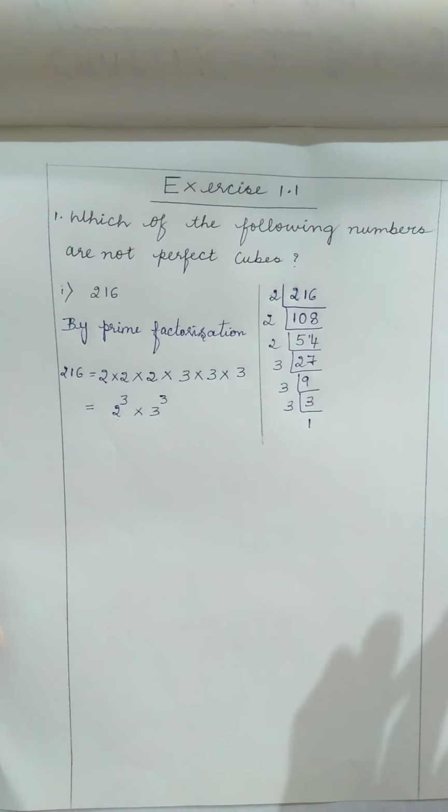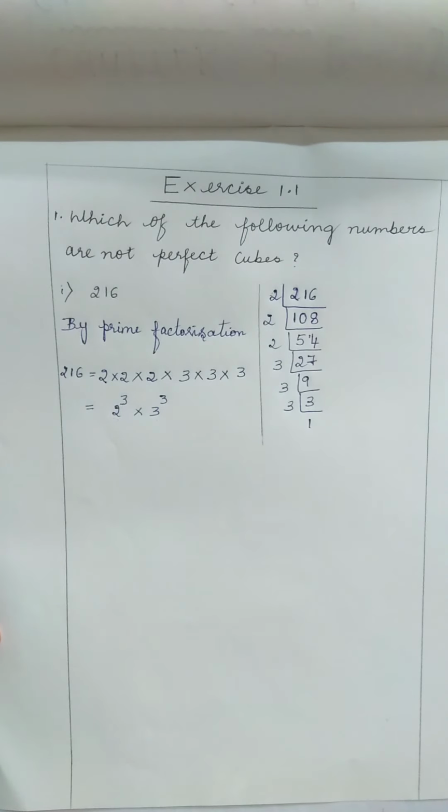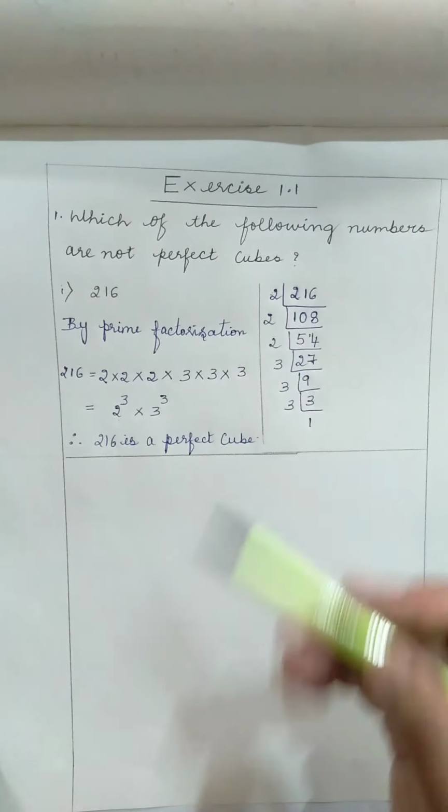Then we can come to a conclusion that 216 is a perfect cube. So what is the question? Which is not a perfect cube? We have to find out. But we obtained in the first problem that 216 is a perfect cube because each factor has been repeated 3 times. Therefore, 216 is a perfect cube is the answer, and the method followed is this one.